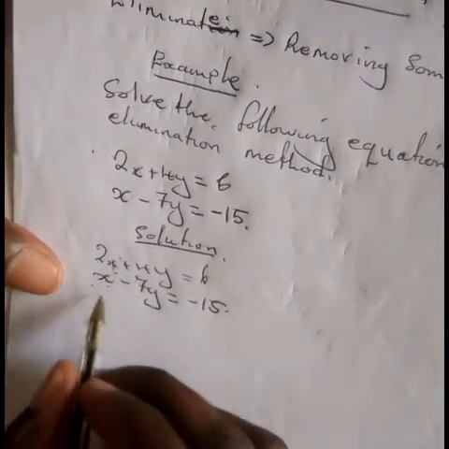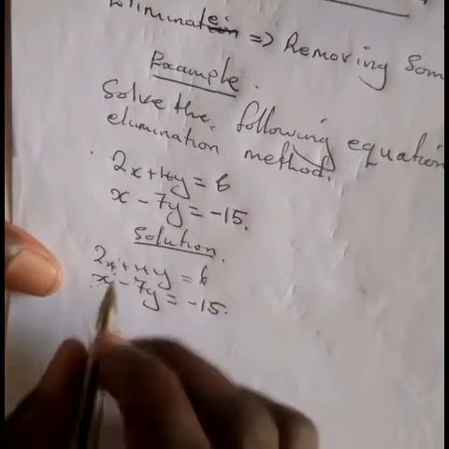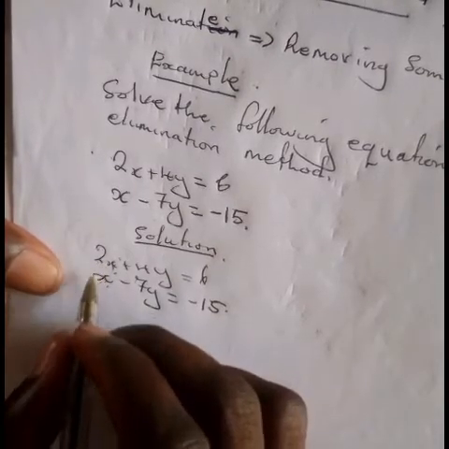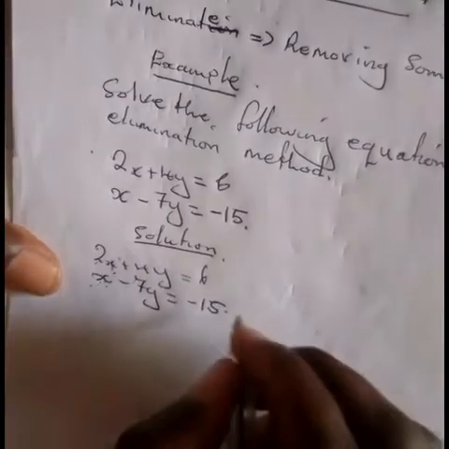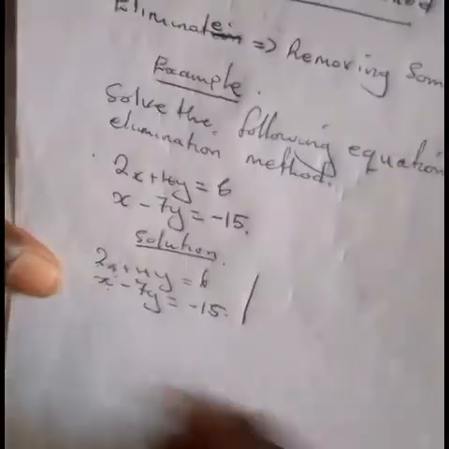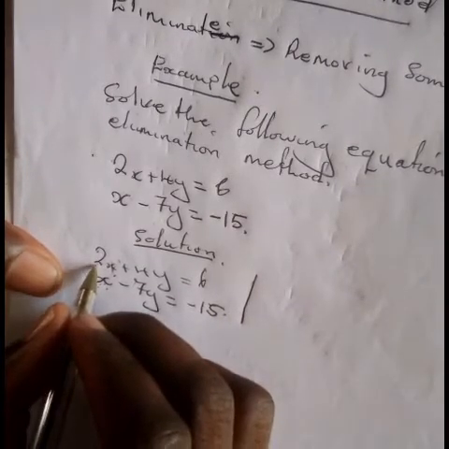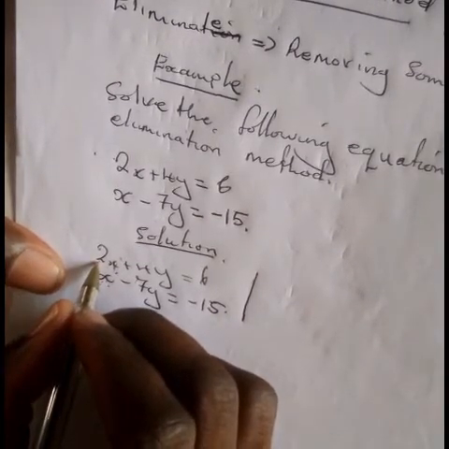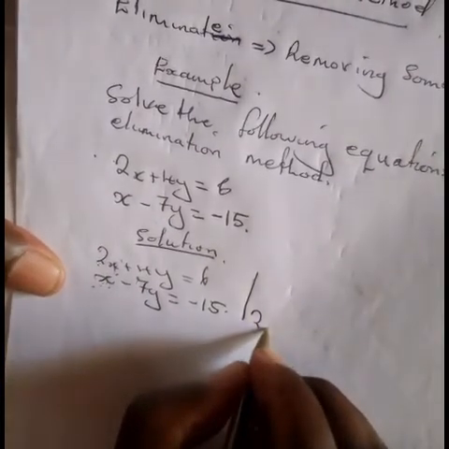To eliminate, we need to multiply these equations by swapping the coefficients. Since the coefficient of x in the first equation is 2, we're going to multiply the second equation by 2.